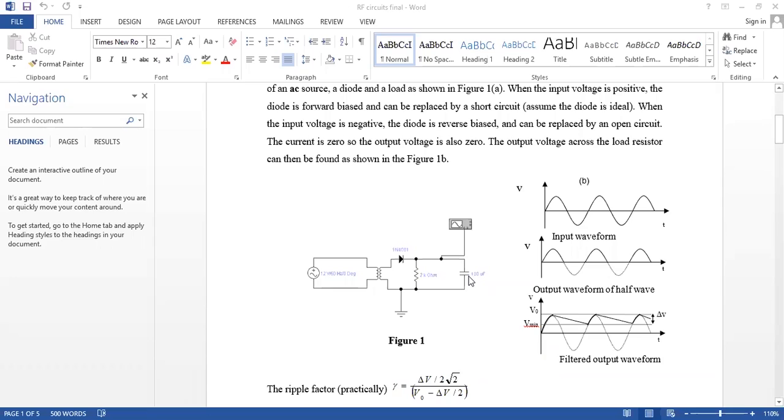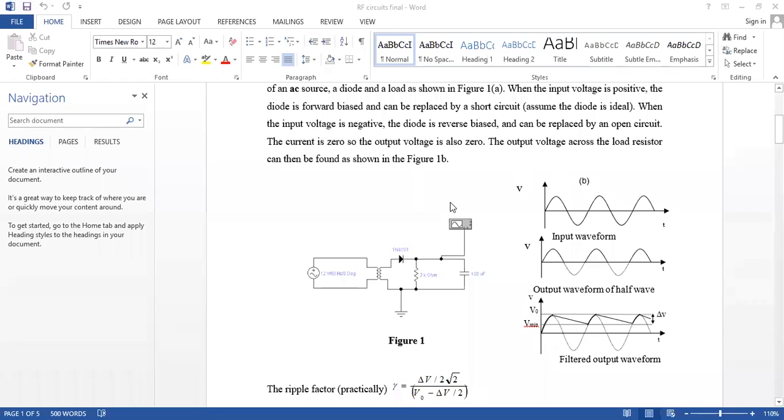And this one is the equation of the ripple factor. The main aim of this practical is to find the ripple factor. This is the equation of the theoretical ripple factor, and this one is the practical one.